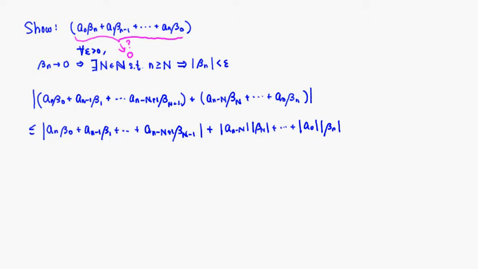So you can see that all these guys are guaranteed to be less than epsilon. Then we have the absolute value of a0, the absolute value of a1, and also all the way to the absolute value of a_{n-N}. So that's going to be bounded by alpha.